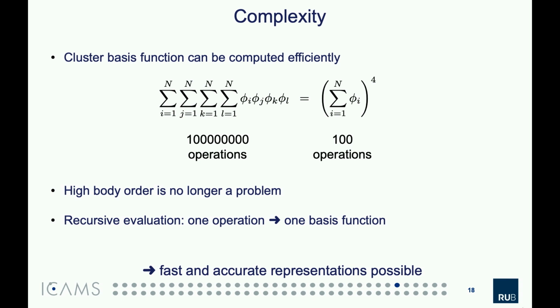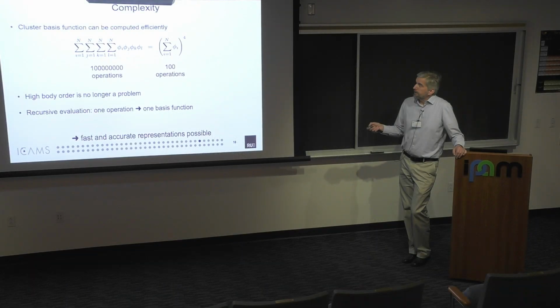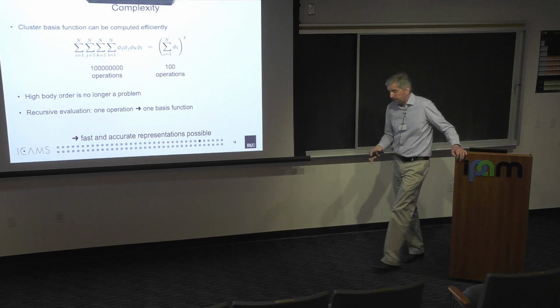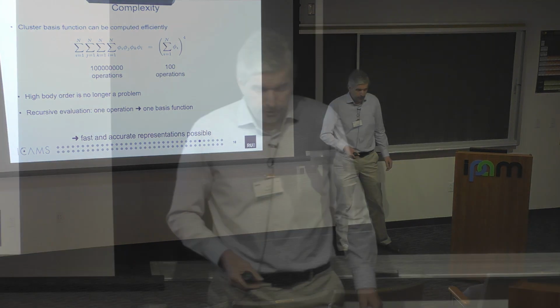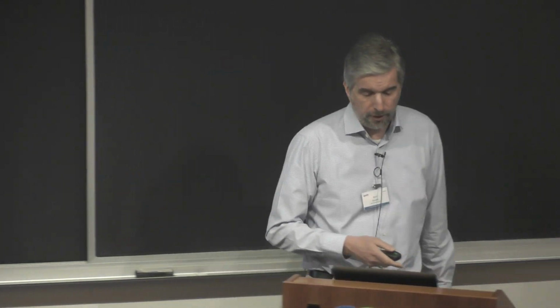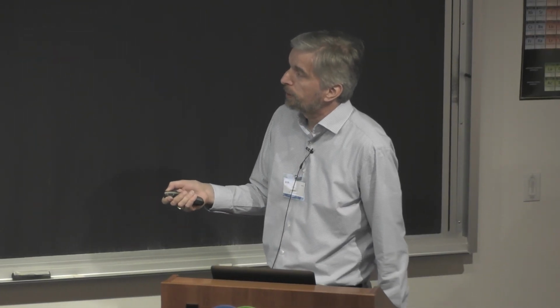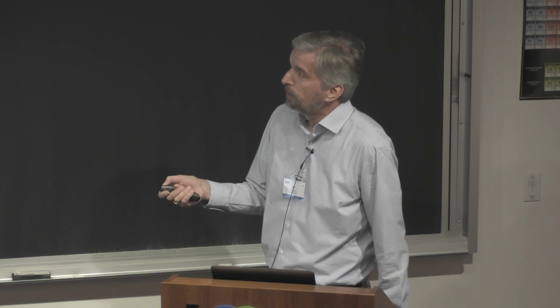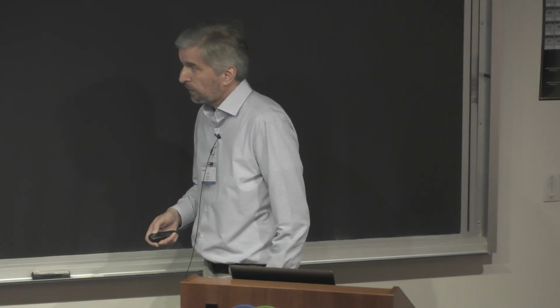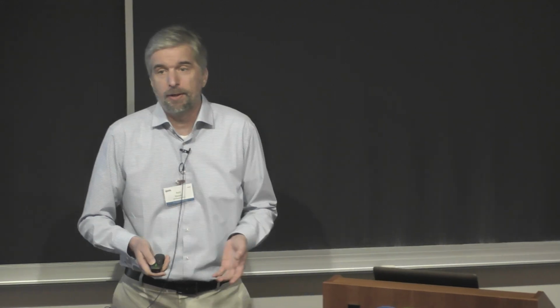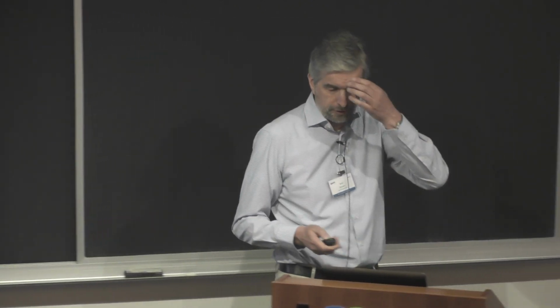Luckily, if you just look at this, it can just be rewritten like a sum to the power of 4, right? And this just means we can rearrange these products in such a way that they are very efficient to evaluate. Namely, irrespective of the order of the expansion, they scale linear with the number of neighbors. And this means we can do high body orders very efficiently, 5-body, 6-body, 7-body orders.